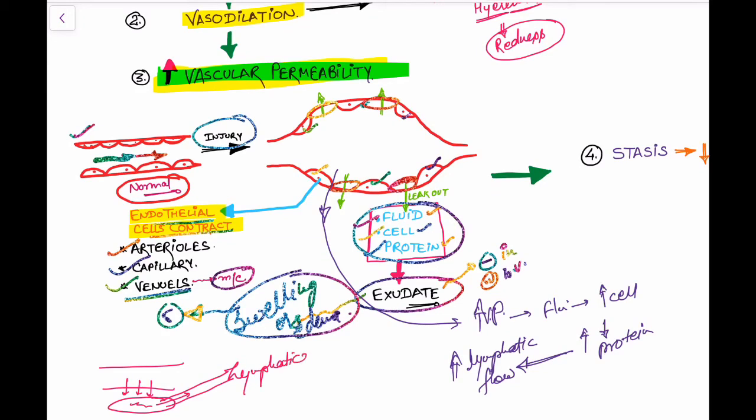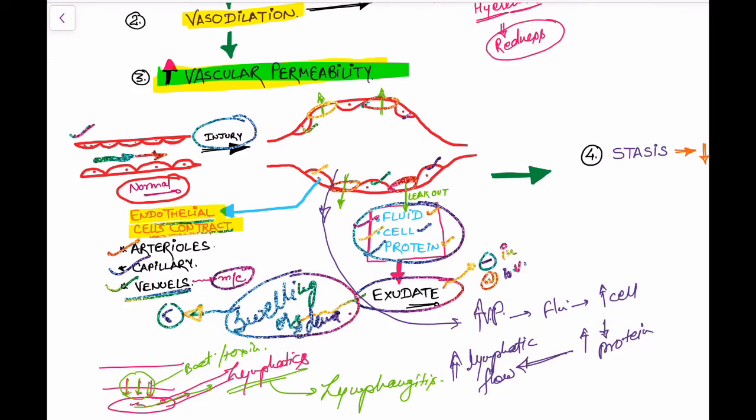Along with this extra fluid, which is exudate, sometimes bacteria and toxins can also go inside the lymphatics, and it may lead to a disease we call lymphangitis.